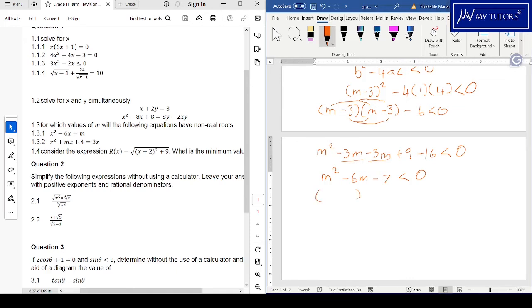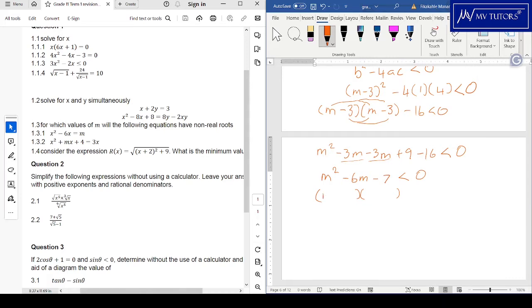To factorize, you need to get the critical values, because I'm solving critical values. Now it's similar to that 1.1.3 question with an inequality. Okay, we need critical values.